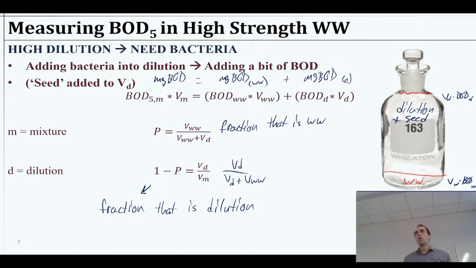Okay, so given that, we have this little mass balance equation. We say the total amount in the mixture is from those two. So now we need to solve for how do we get an equation to find the BOD of the wastewater, which is ultimately why we are doing the test in the first place, right? The whole reason to do the study, to do the measurement, is to understand the strength of the wastewater or what's happening downstream.